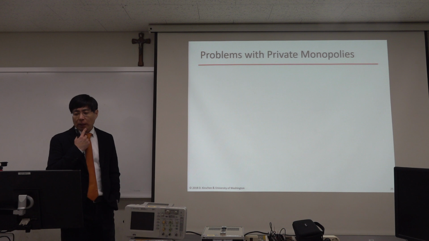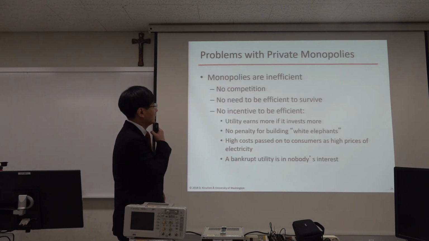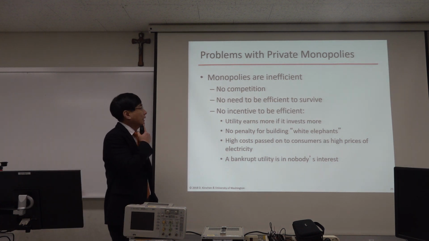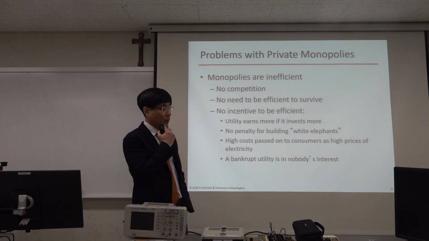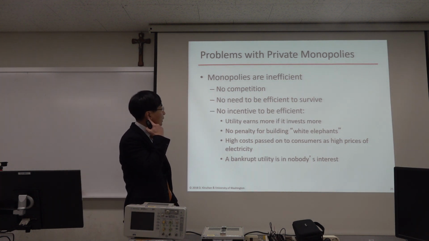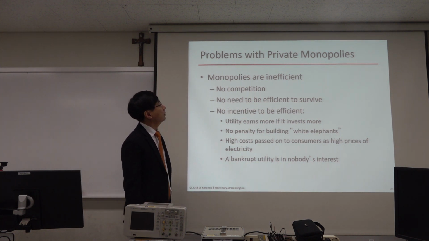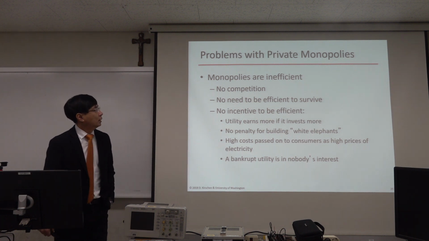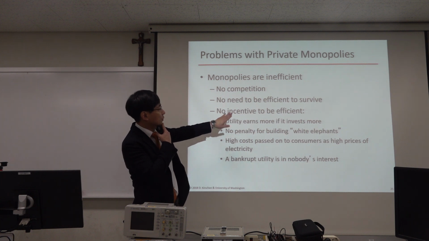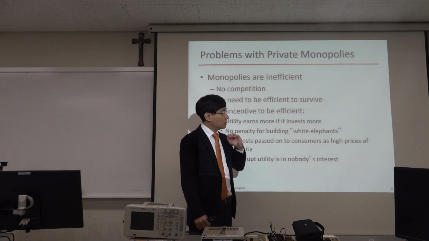Anyway, the problem with private monopolies is that, as you may imagine, the monopolies are inefficient because there is no competition. And because there is no competition, they do not need to be efficient to survive. This is the typical drawback of monopolies. And yeah, no incentive to be efficient because utility earns more if it invests more.